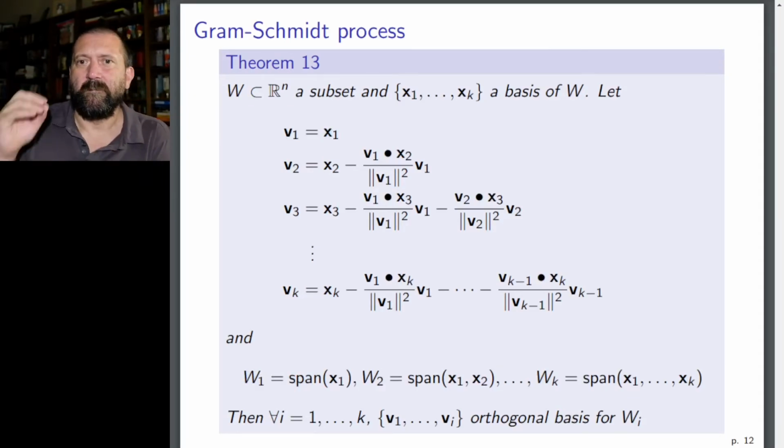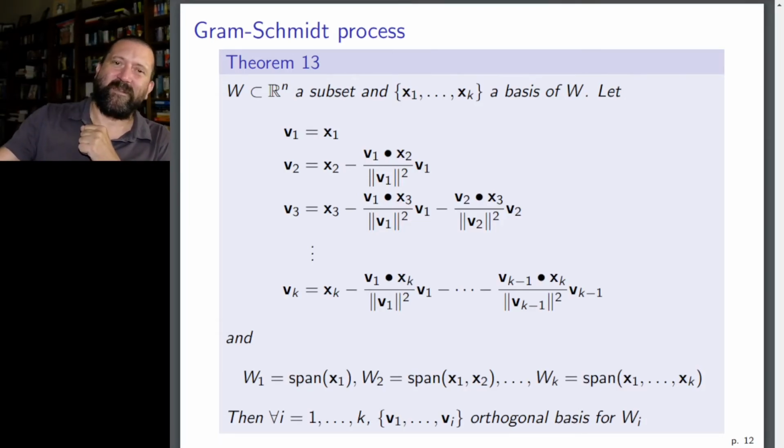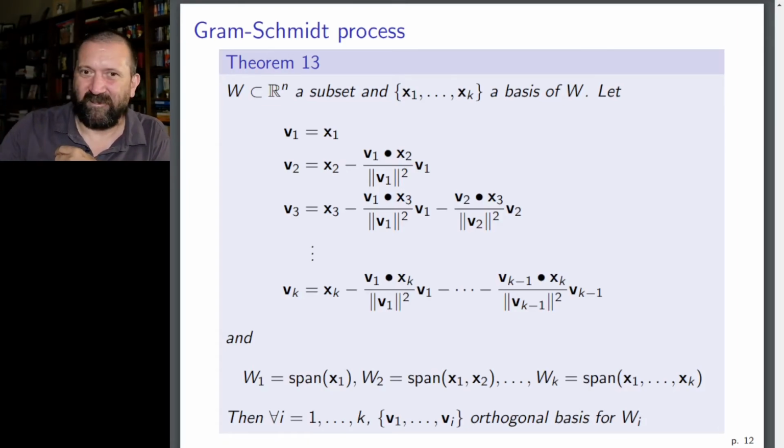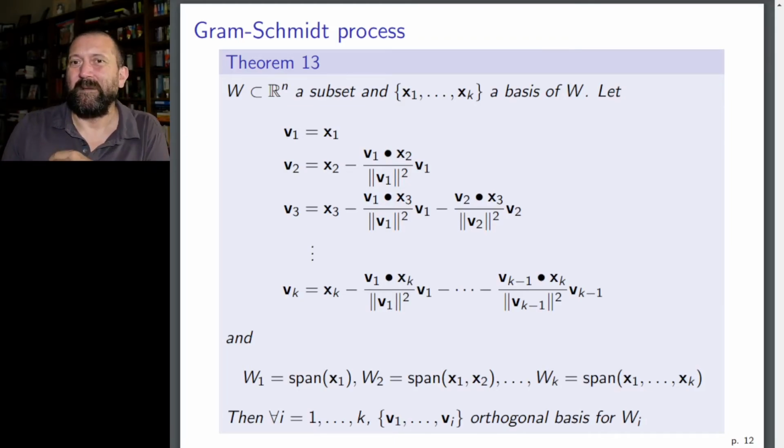So my first subspace is the one that's spanned by v1, or by x1. My second subspace is the one that's spanned by x1 and x2. Remember, the x are the original basis vectors.